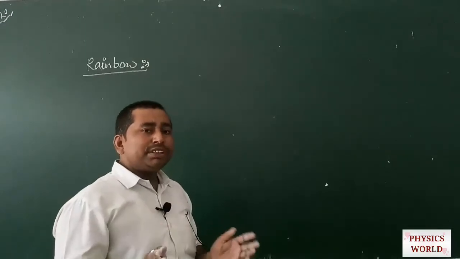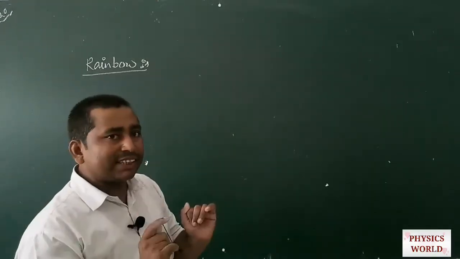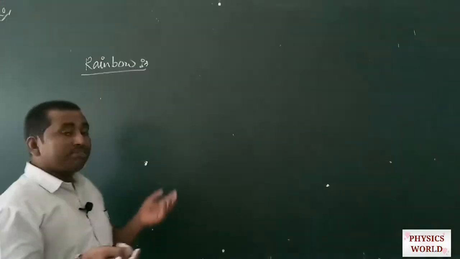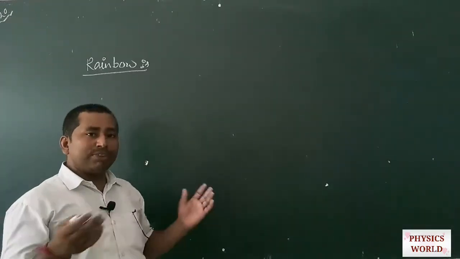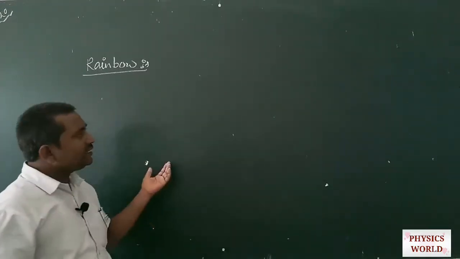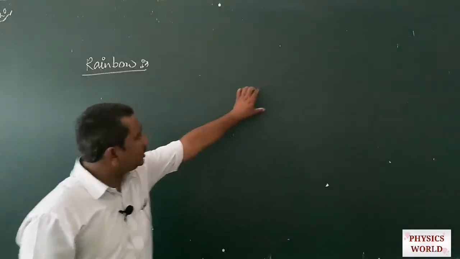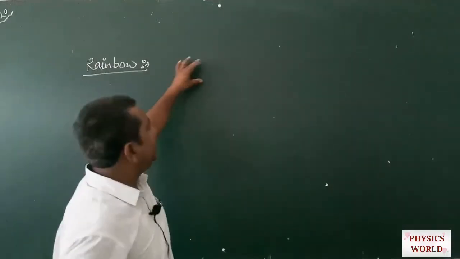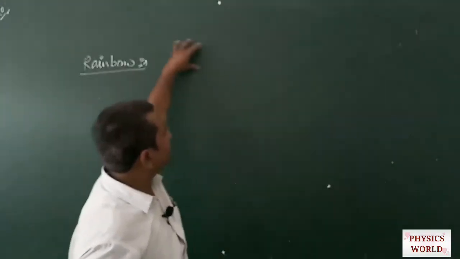Then there must be some refraction and reflection, that is known as total internal reflection, and also a special phenomenon that is known as dispersion of light, by which it comes back into our eyes and we see different colors spread in the sky, that is known as rainbow.